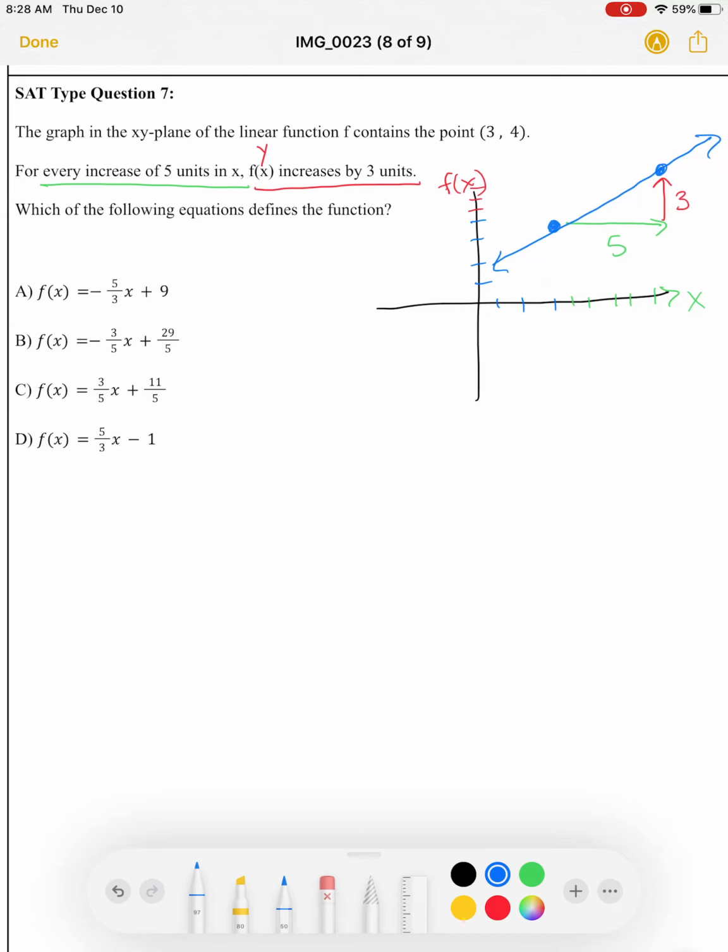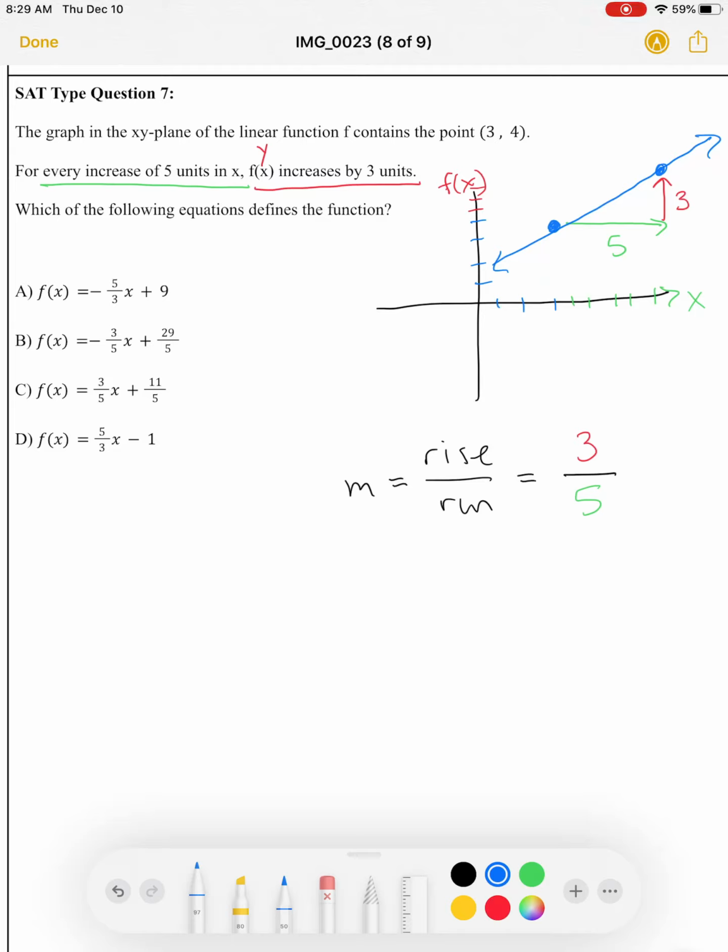Notice this line has a slope. Remember, slope is our m, which is always rise over run. And this rises 3, and it runs 5, which means it has a slope of positive 3 over 5.